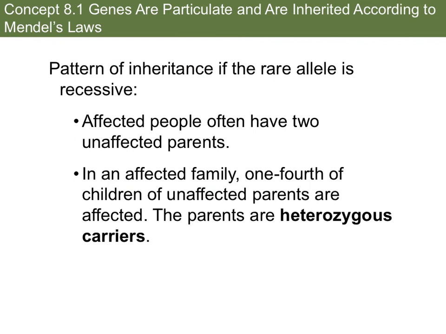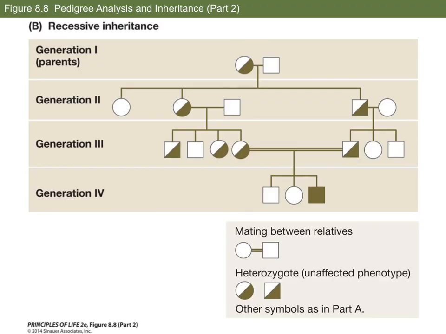In terms of patterns of inheritance when it's a recessive allele, affected people often have two unaffected parents. And we call these unaffected parents carriers. In other words, they are heterozygous. In an affected family, 1/4 of the children of unaffected parents are affected. And again, they are called carriers. And so on this particular tree, you're going to see that they indicate someone is heterozygous by half shading in the circle.